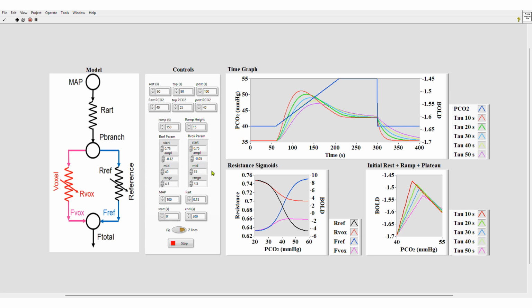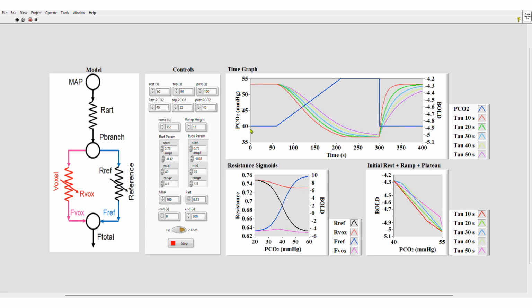A further reduction in the amplitude to 0.02 turns the response into a steal or negative response. And CVR can now be determined from a single regression line slope.